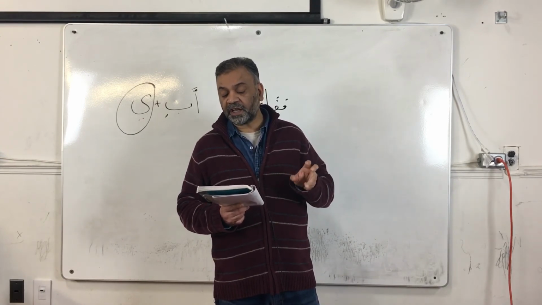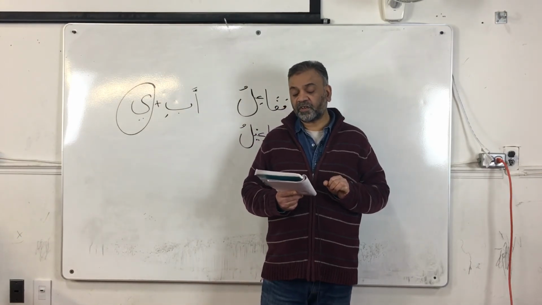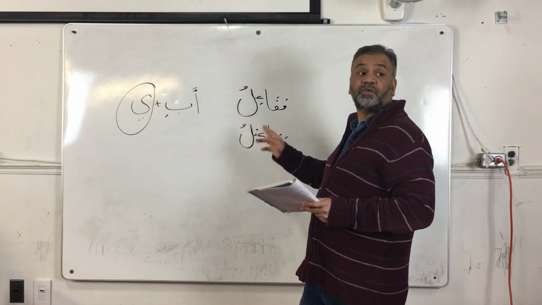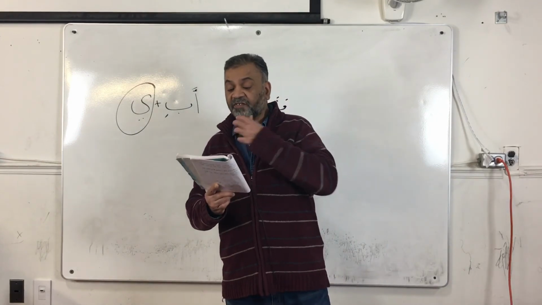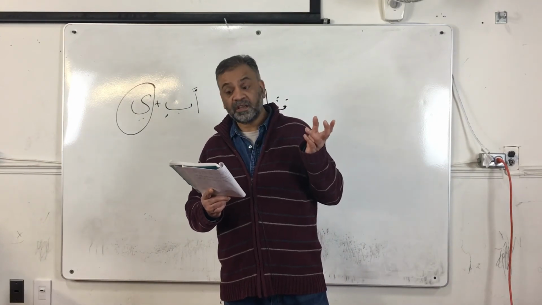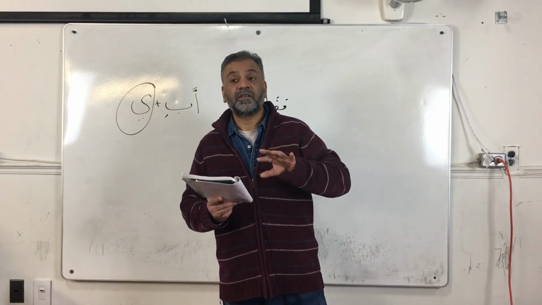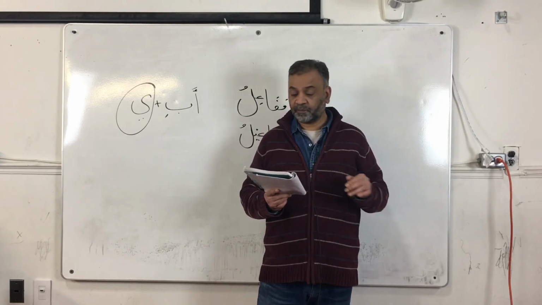Fi hadha shari'i, in this street, salasatu masajida. Why masajida? Because masajidu is in a pattern of mafailu. So salasatu, 3 masajid, and we know from 3 to 10 they come as mudaf alayh.